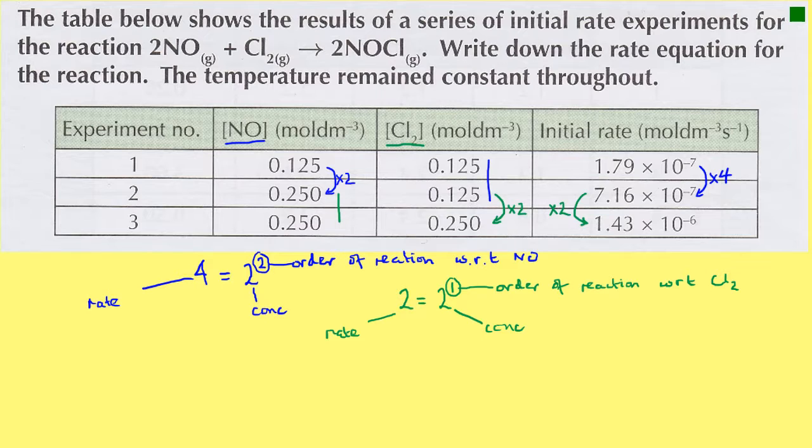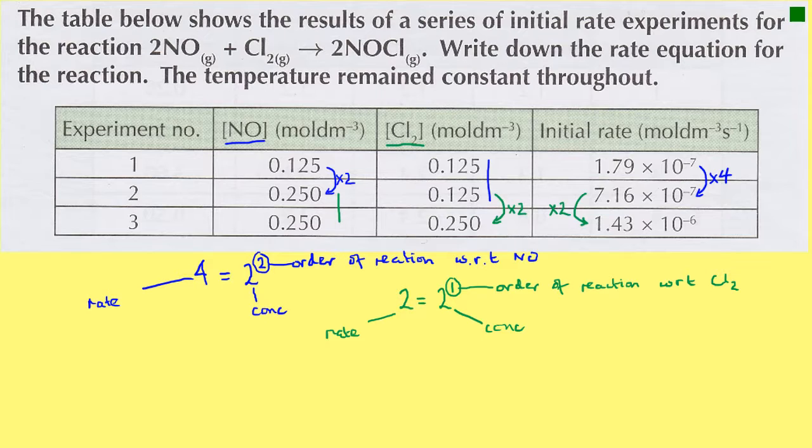And what we did with these 2 experiments is we did the first one at a concentration of 0.125 mole per decimeter cubed and worked out the initial rate for that starting concentration. And then we did the second experiment at 0.25 moles per decimeter cubed, which is twice as much. Okay, so you can see what we've done is we have doubled the starting concentration of nitrogen monoxide while keeping the concentration of chlorine the same.